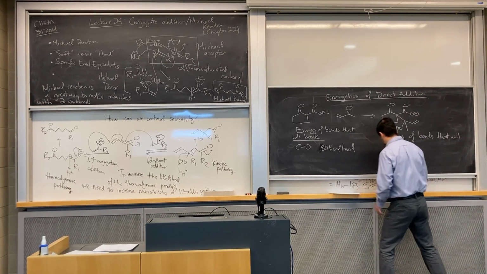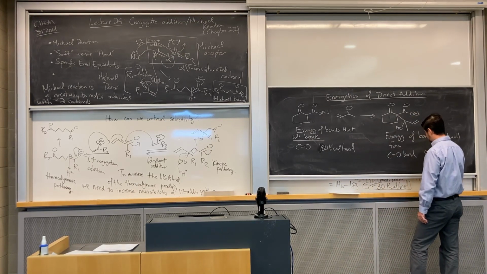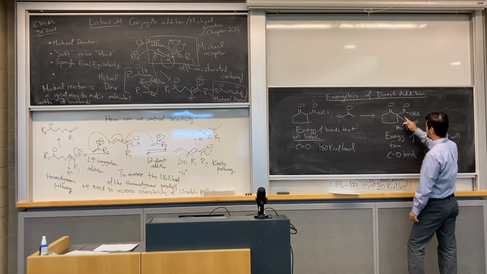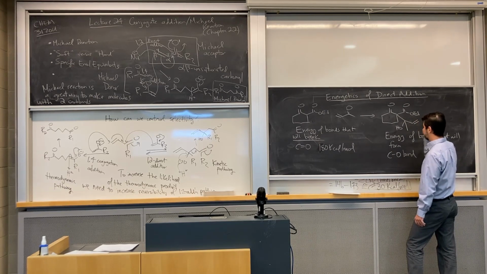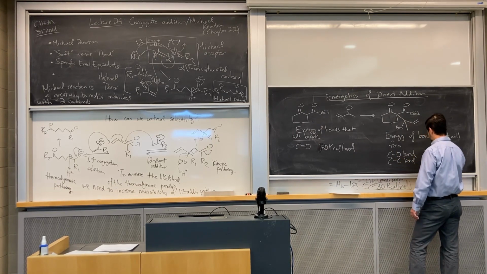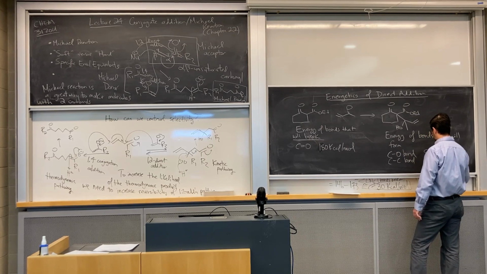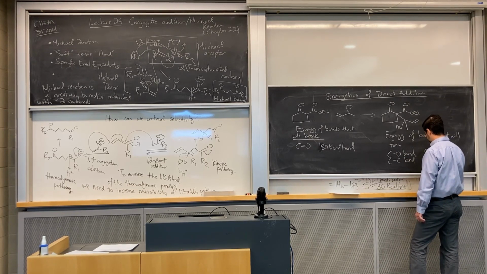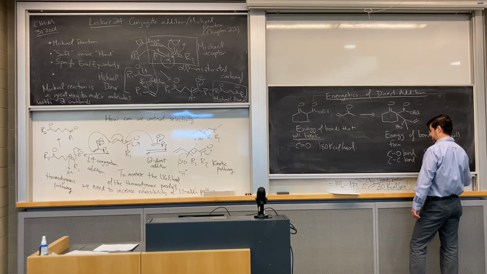The carbon-oxygen bond is around 85 kilocalories per mole, and this carbon-carbon bond is around 83 kilocalories per mole. If you add these together, that's around 168 kilocalories per mole.